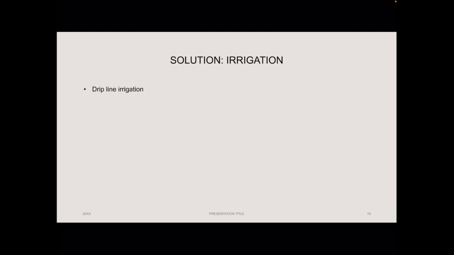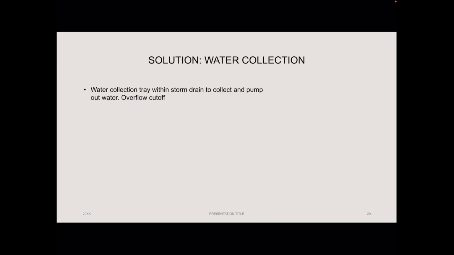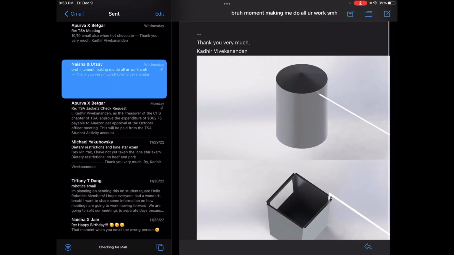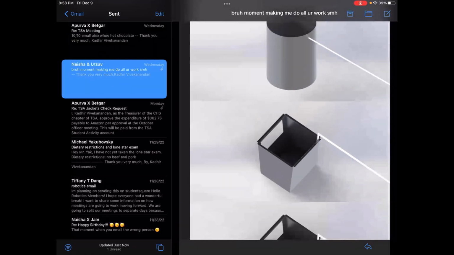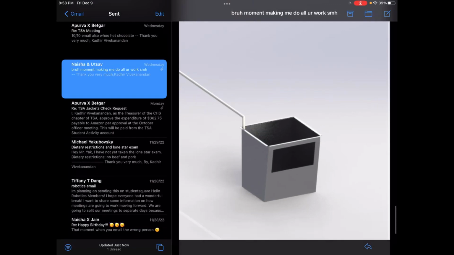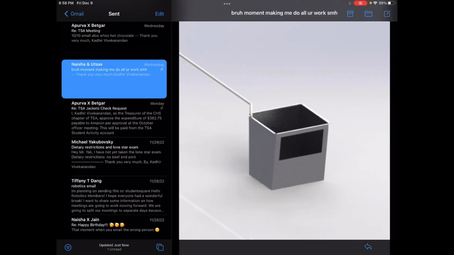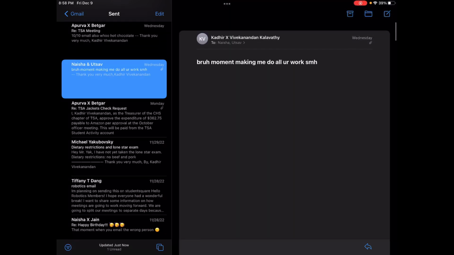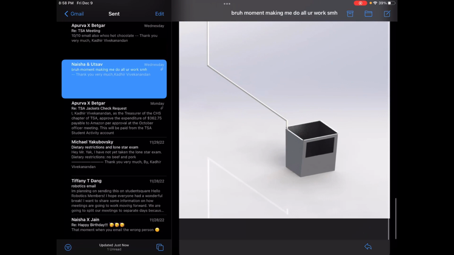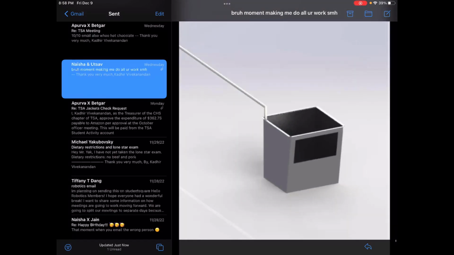I actually have some pictures that I would like to show of this. This is a render I made in SolidWorks, and you can see that large rectangular hole there. Once the water fills up to the bottom of this rectangular hole, it'll start overflowing through.